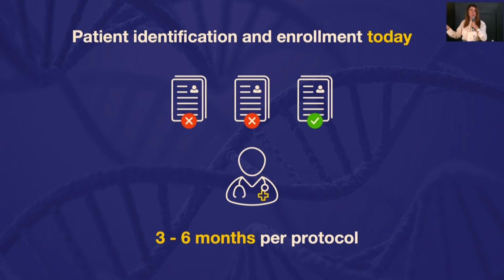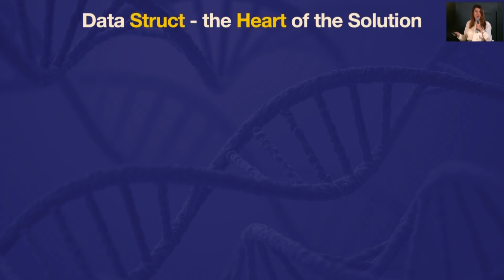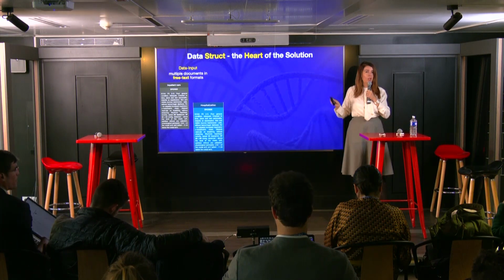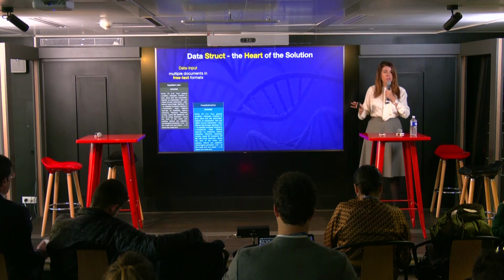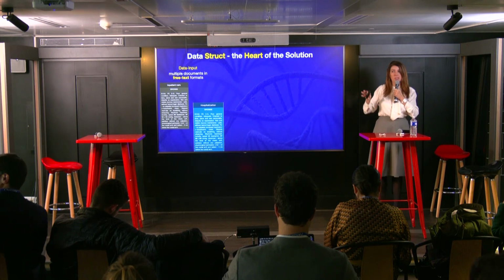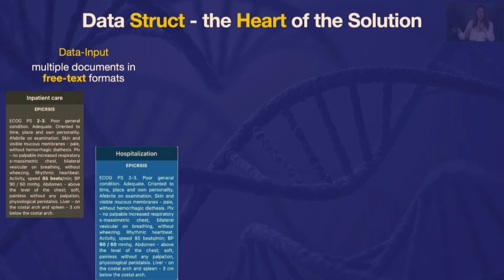And here the technology helps. How do we solve this? And how do we transform patient enrollment? We built and trained machine learning algorithms. This is part of AI, we all know that. To structure all the free text data. The biggest challenge at the moment in an electronic health record system is that most of the data is in free text.